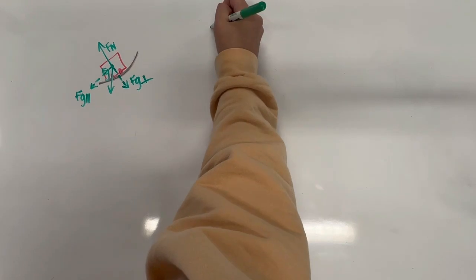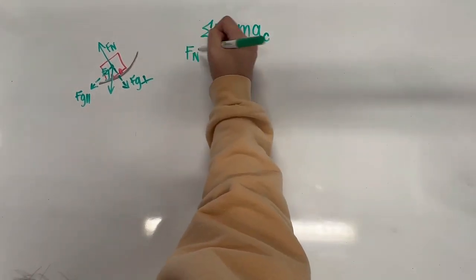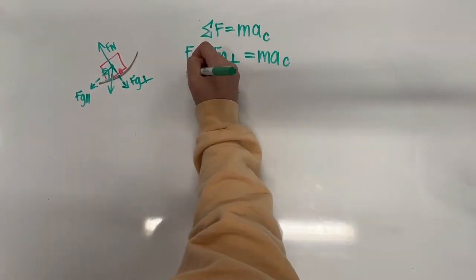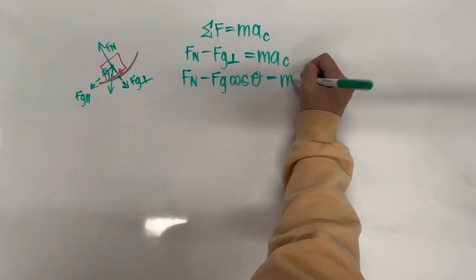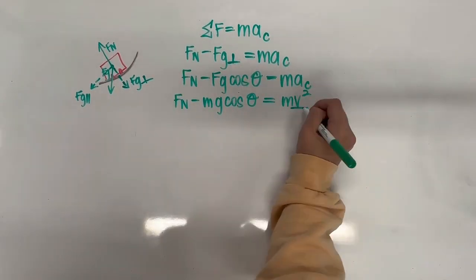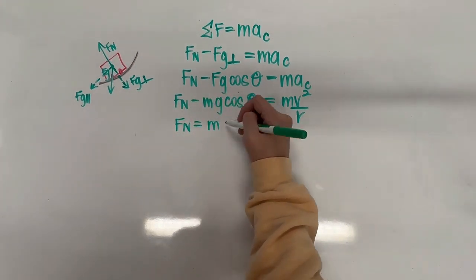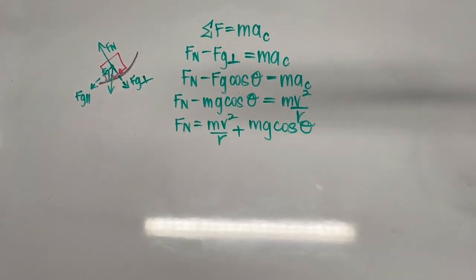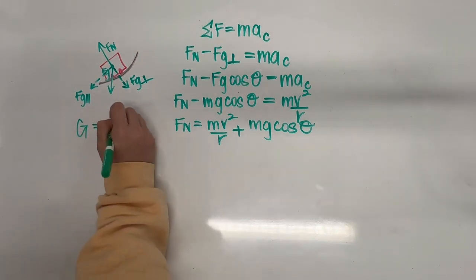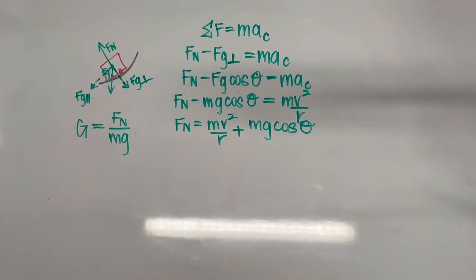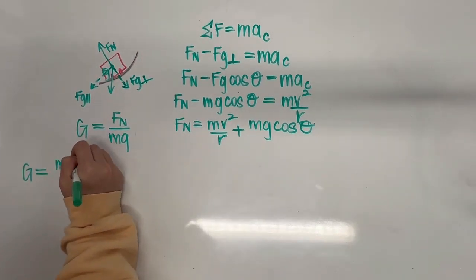Assuming the cart is entering a perfectly circular loop, we start with the equation net force equals mass times centripetal acceleration. The net centripetal force is caused by the normal force minus the perpendicular component of Fg. G-force in this case is a ratio between normal force and mg.